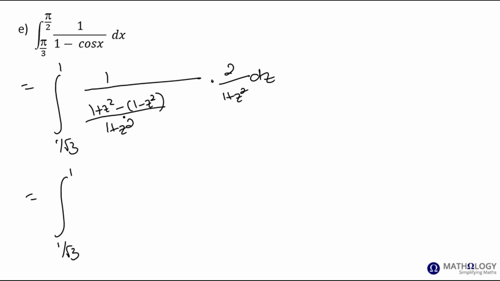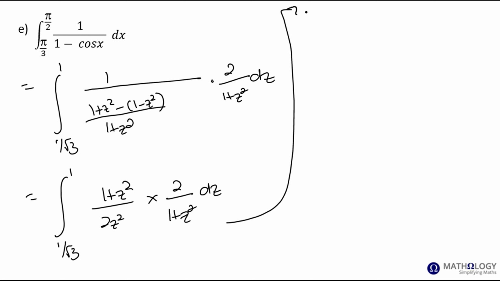We're going to flip this over, so we'll have 1 plus z squared over z squared minus z squared would be 2z squared, and 1 minus 1 is 0, times 2 over 1 plus z squared dz. 1 plus z squared will cancel, 2 will cancel, and we have the integral from 1 over root 3 to 1.